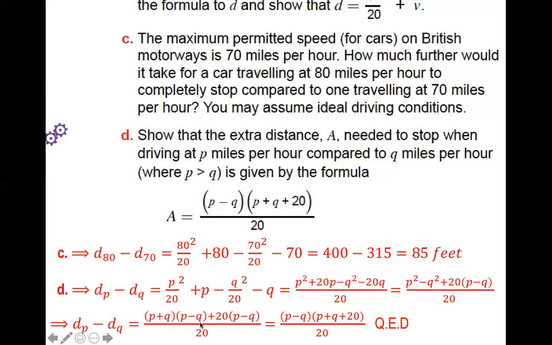Then you factorize with a p minus q: you've got p minus q times p plus q plus 20, because p minus q is the common factor. That's what they asked us to prove.